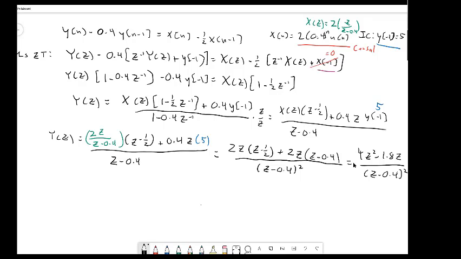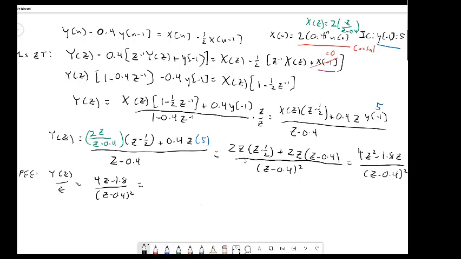Now there's several different ways to attack this. We've got the z transform of the output. The most straightforward way would be to do a partial fraction expansion on y of z over z, which happens to be 4z minus 1.8 over our denominator squared.